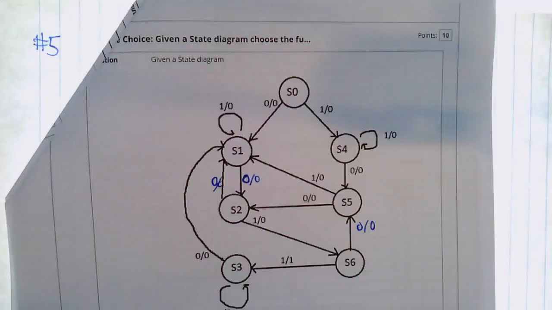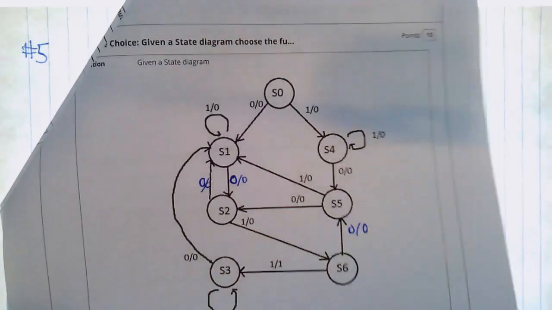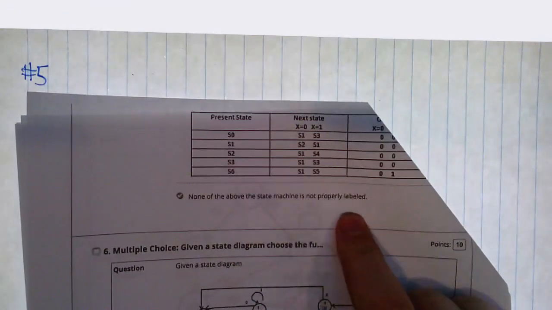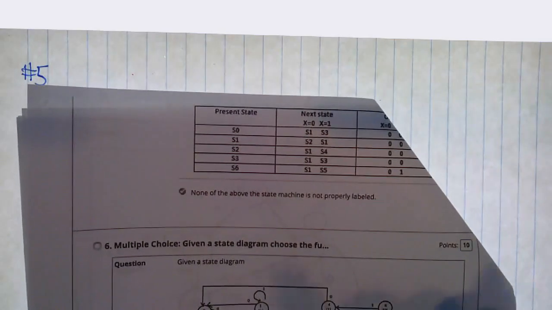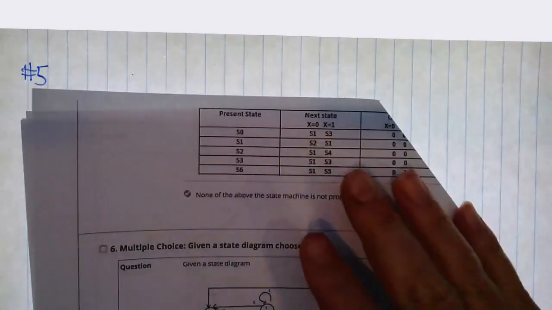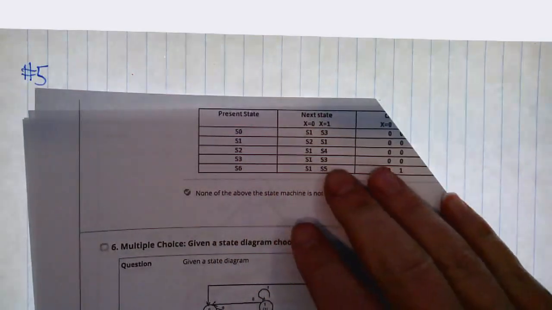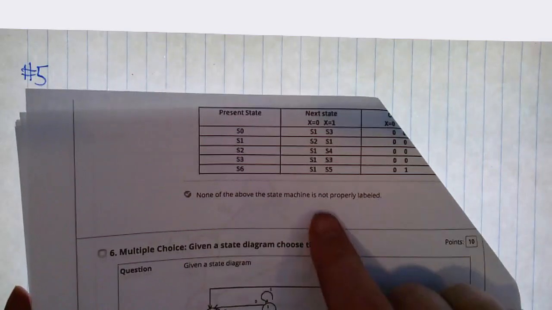And in recognition of the fact that it is not labeled properly, you can look quickly at the eligible answers, and you will see that "none of the above, the machine is not properly labeled" is a legitimate answer. Moreover, if you go through the exercise of minimization, you will not find the correct answer amongst the presented eligible answers, except for this answer.